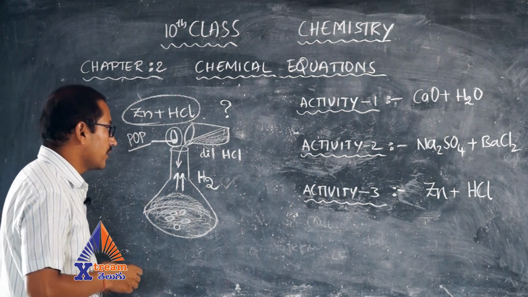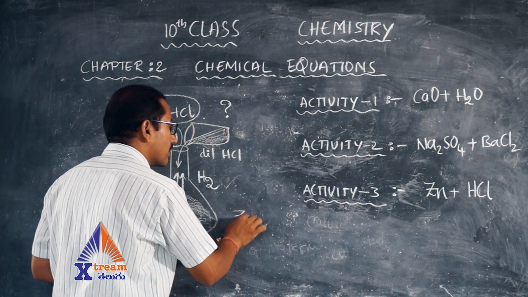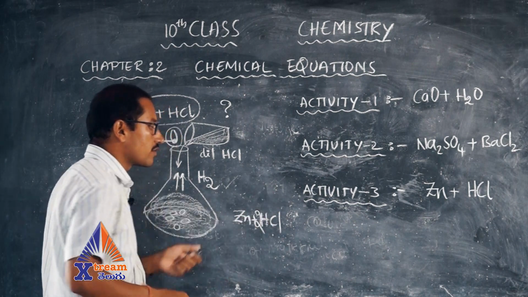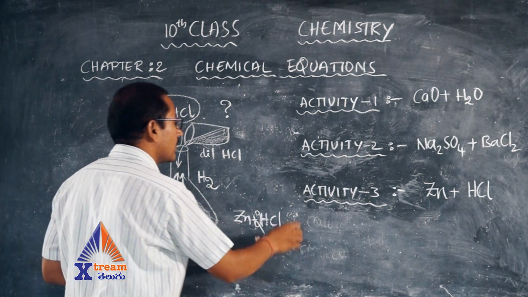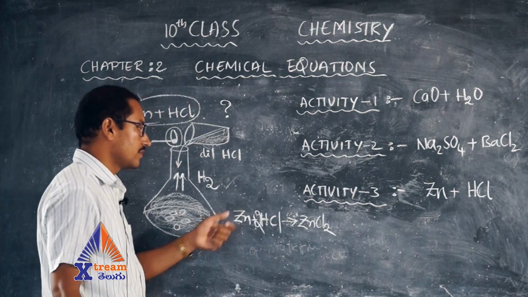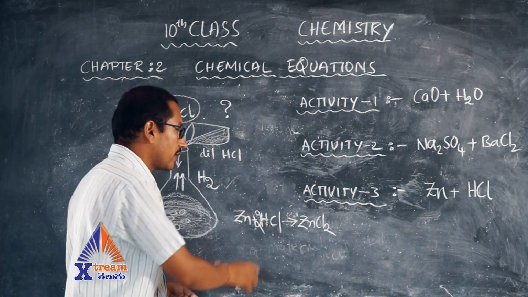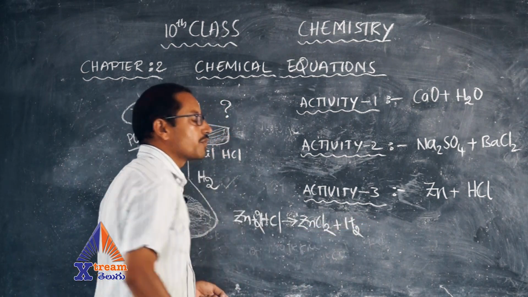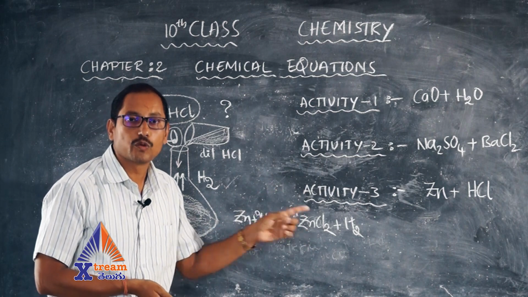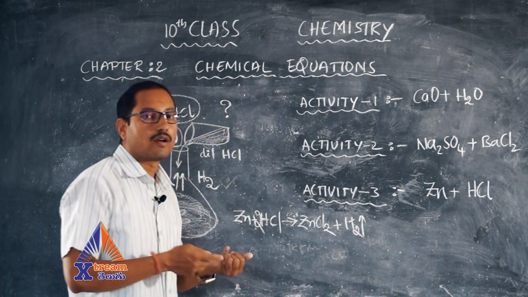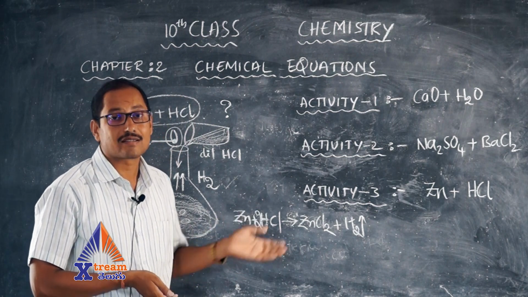What is the reaction here? Zinc plus HCl, 2 molecules of HCl we will take. We will get ZnCl2, zinc chloride, and 2 hydrogen atoms will form a hydrogen molecule H2. And you know, hydrogen is not solid nor liquid, it is a gas.